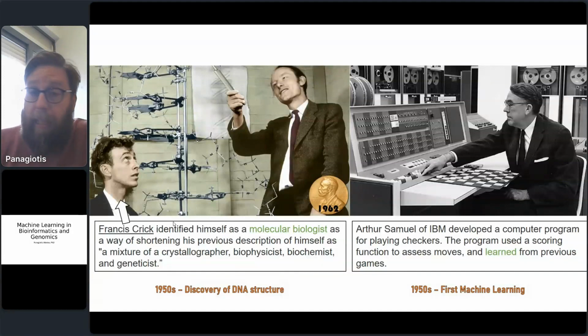At the same time, in the US, the first machine learning computer programs have started being developed. And the idea is that these are programs that can learn from previous information, and they can learn how to improve themselves to do some specific task.